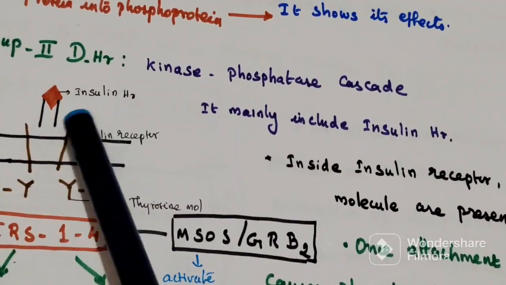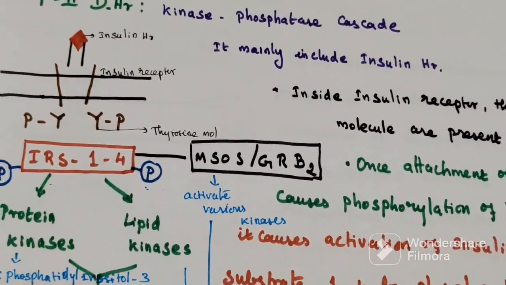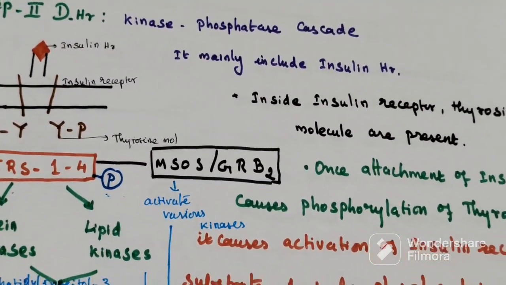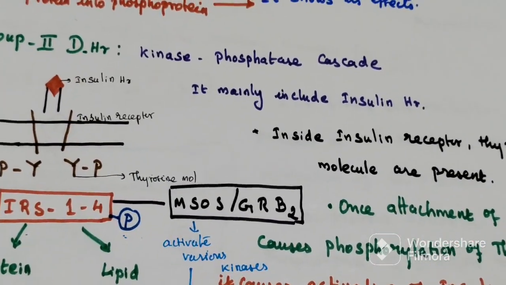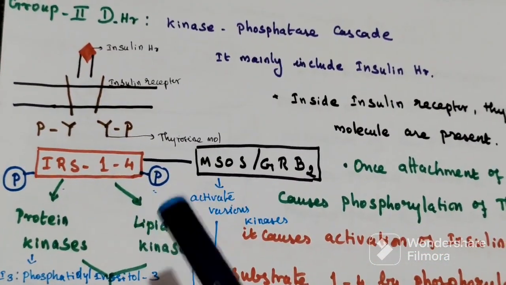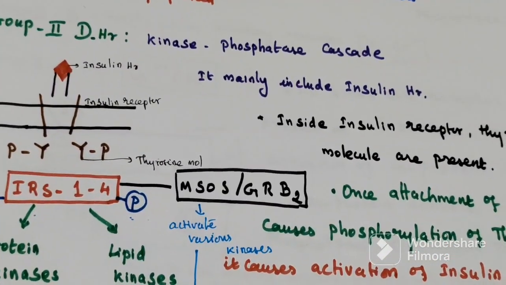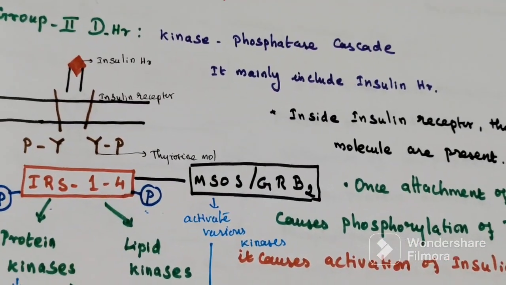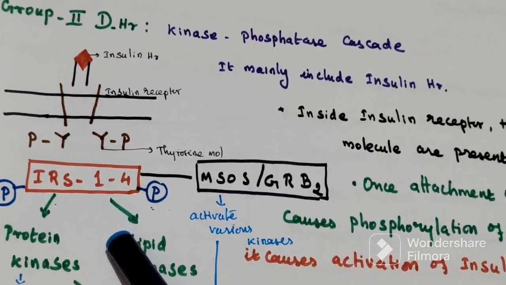it causes phosphorylation of tyrosine. It causes activation of tyrosine molecules, which causes activation of the insulin receptor, and then phosphorylation of insulin receptor substrate 1 and 4.